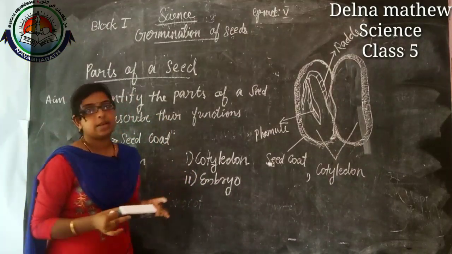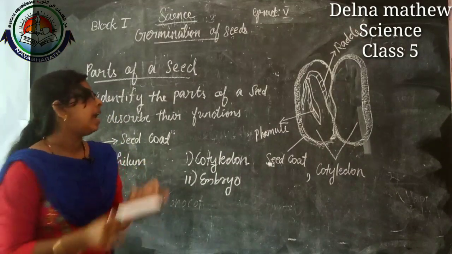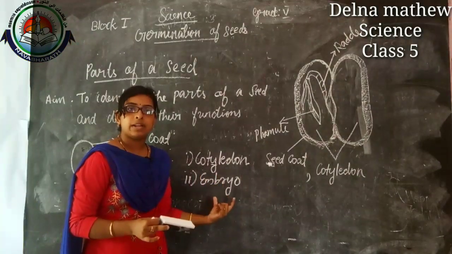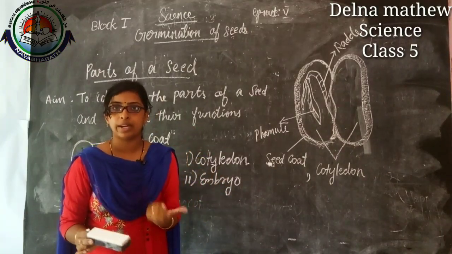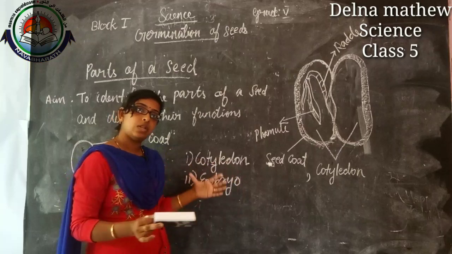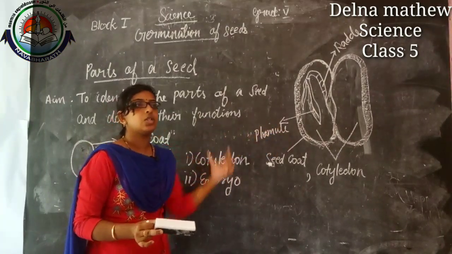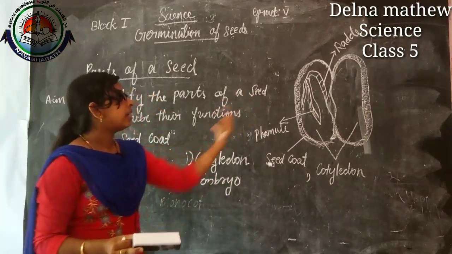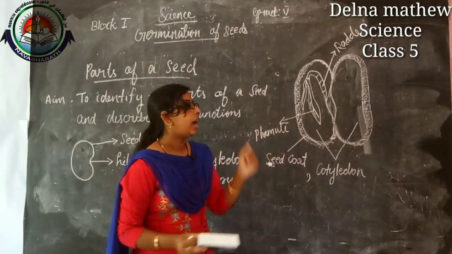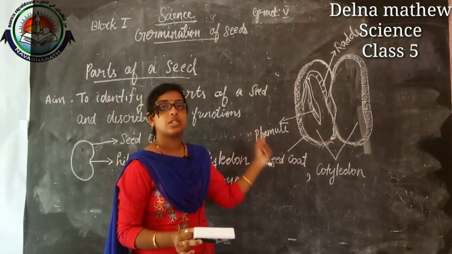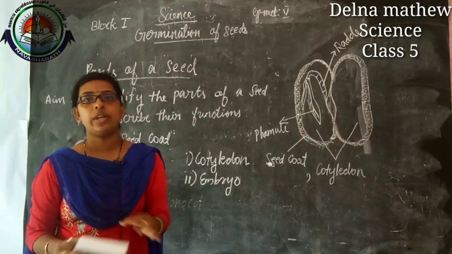The embryo is the baby plant inside the seed. I already told you that the seed can produce a new plant, so that baby plant is present inside this seed. This embryo contains two main parts, plumule and radicle. Plumule is the first leaf of a plant, and radicle is the first root of a plant.